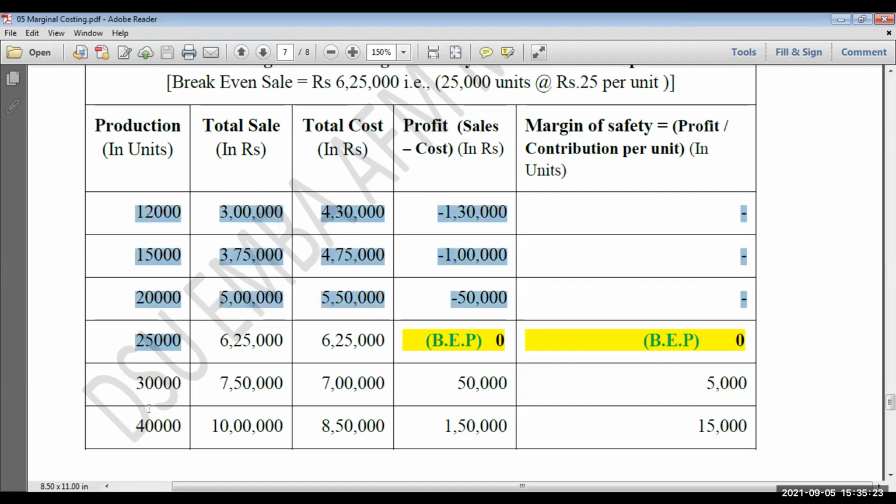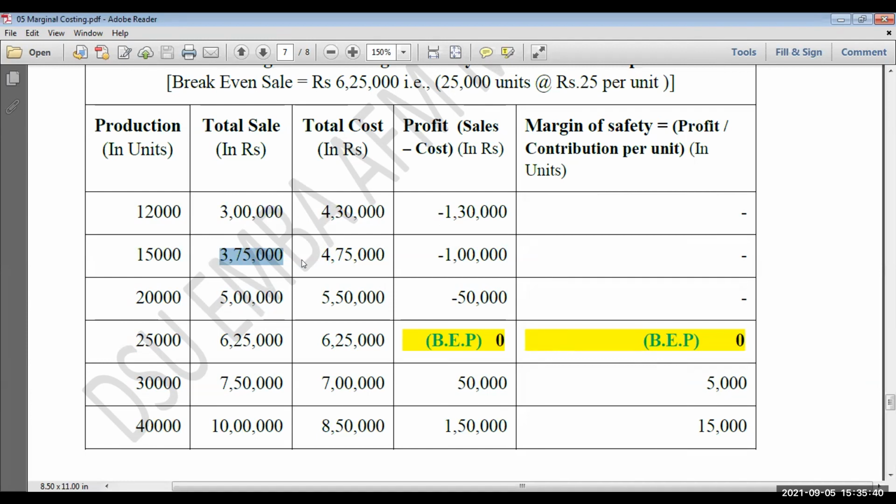Similarly, for example, 15,000 units multiplied by 25 rupees selling price. 15,000 multiplied by 25 is equal to 3,75,000.